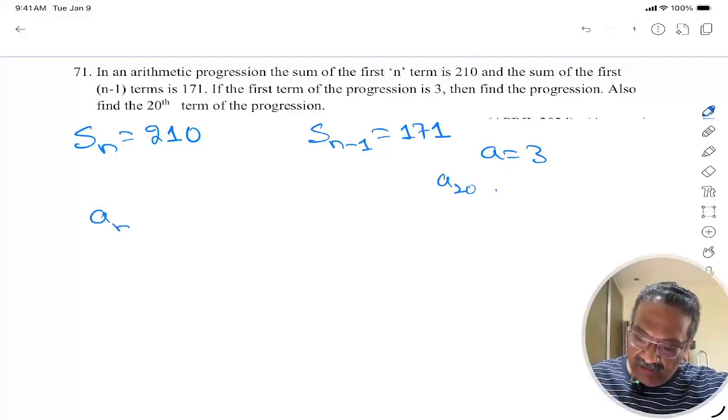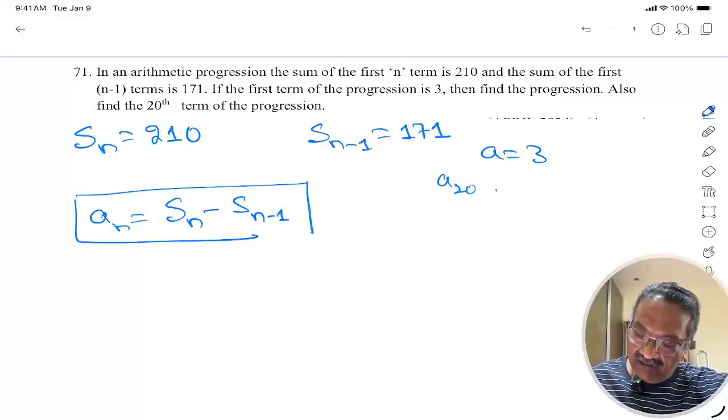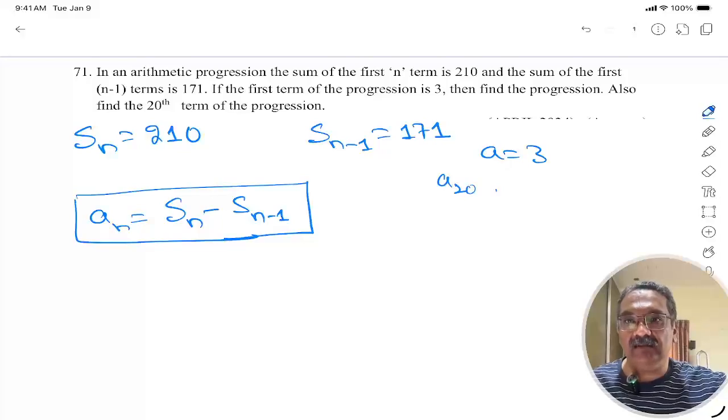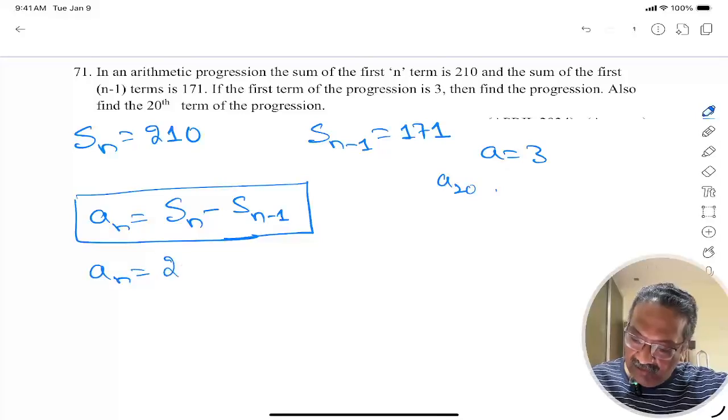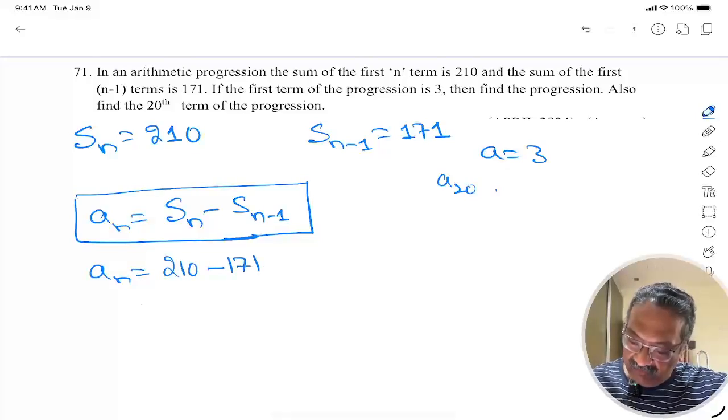We know that an is equal to Sn minus Sn minus 1. So the last term is equal to the sum of n terms up to the last term minus the sum of n minus 1 terms. Okay. So we've got the last term an is equal to Sn, 210 minus 171.